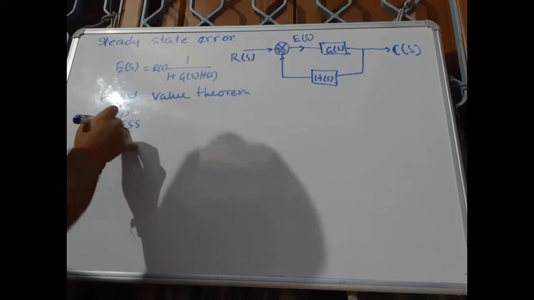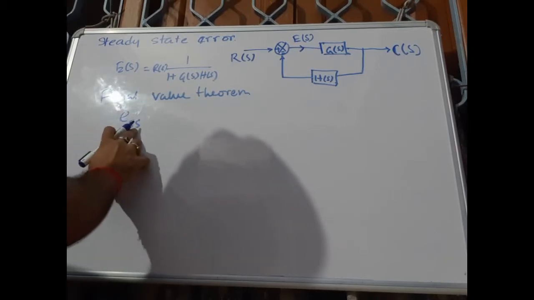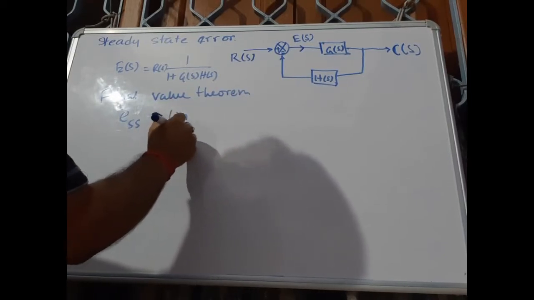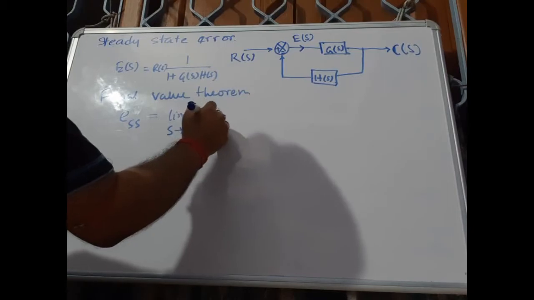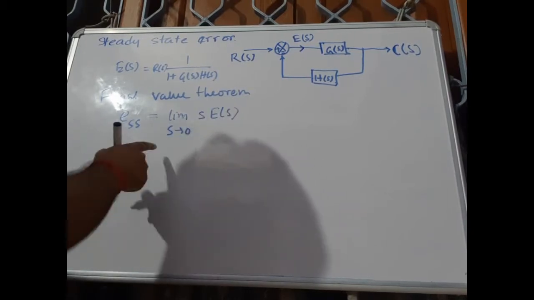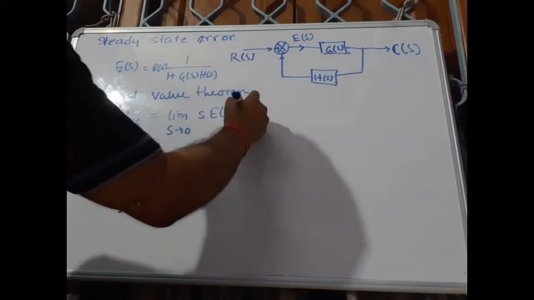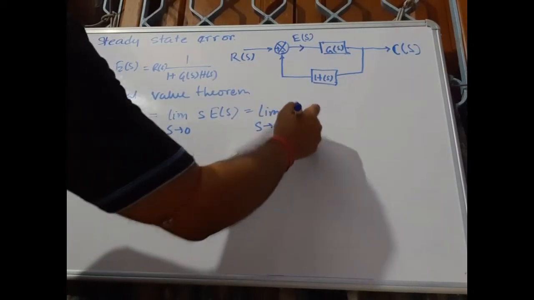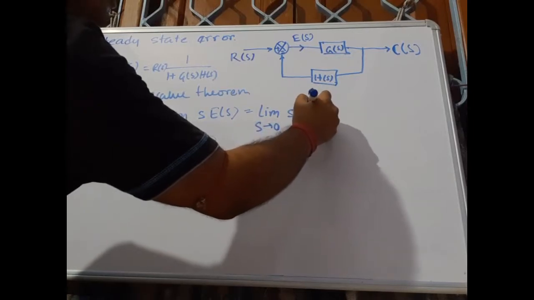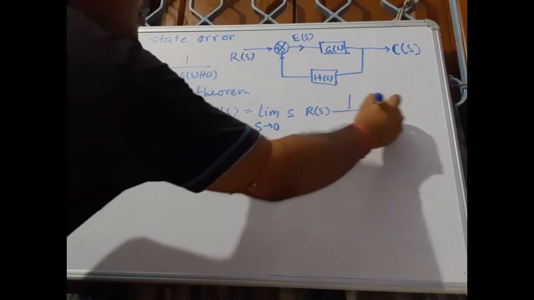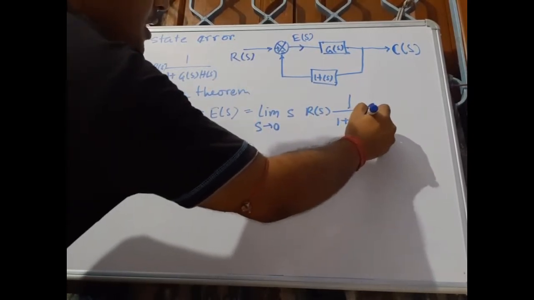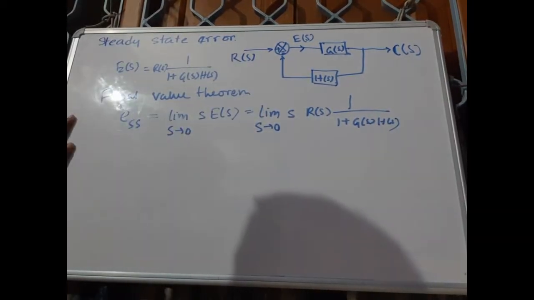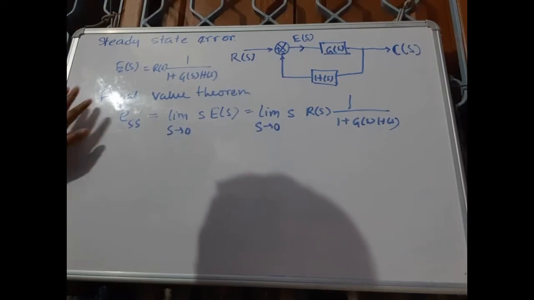So this e steady state will be equal to limit of s tends to 0 s into E(s), right? Now if I put the value of E(s) here, we have limit of s tends to 0 s into R(s) into 1 by 1 plus G(s)H(s), right? So this is the formula for steady state error.